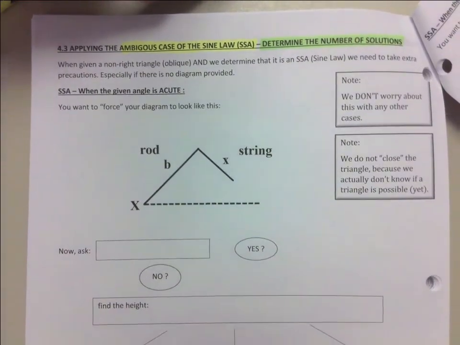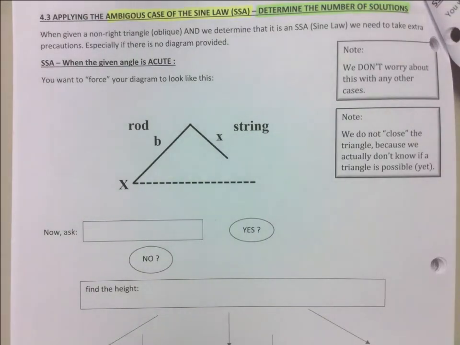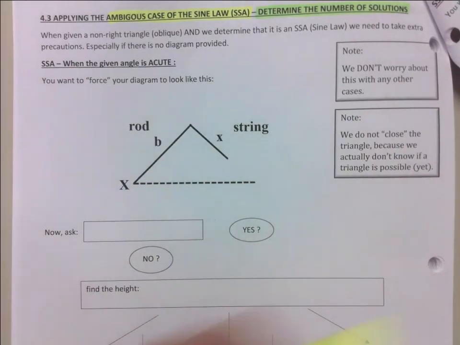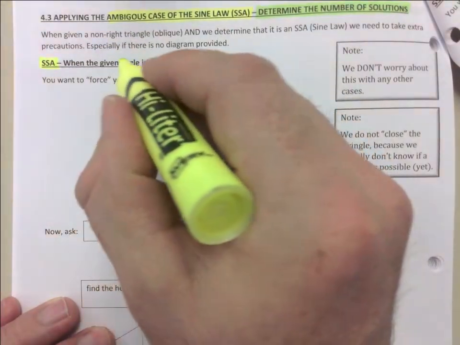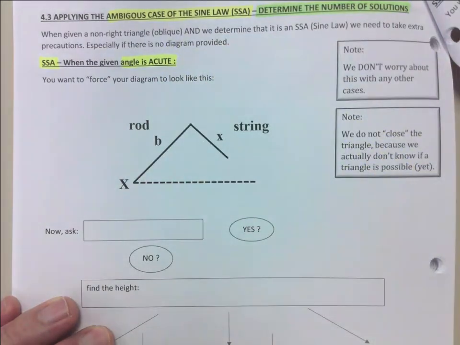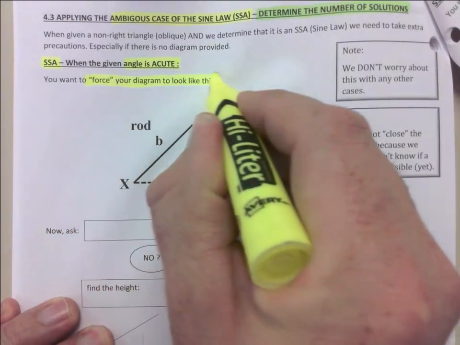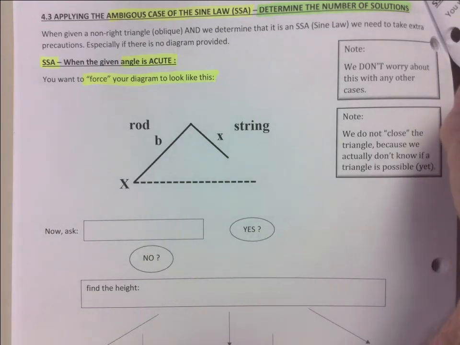This is going to be your homework over the weekend, to add this to your study sheet. I made a flow chart for you right here. When you have an SSA case and the given angle is acute, you want to force your diagram to look like this. I'm going to use two different colors here.